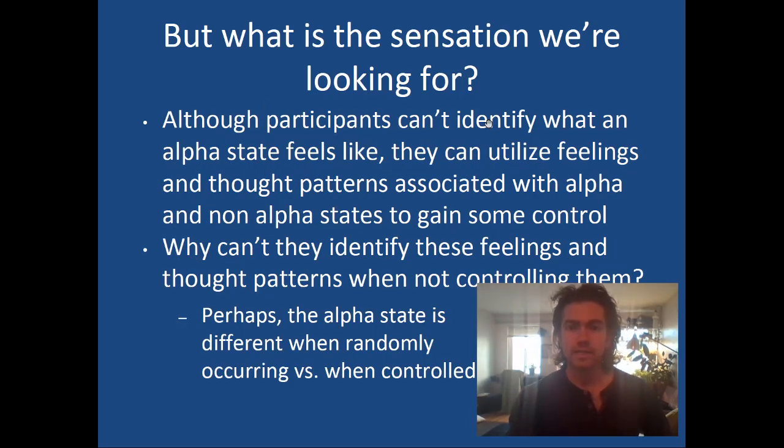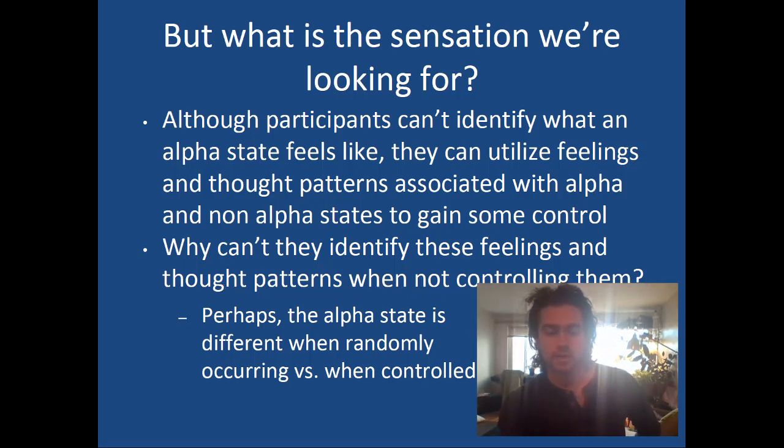So although participants can't identify what an alpha state feels like, they can utilize feelings and thought patterns associated with alpha and non-alpha states to gain some control. Why can't they identify these feelings and thought patterns when not controlling them? One possibility here would be that perhaps the alpha state is different when randomly occurring versus when controlled.